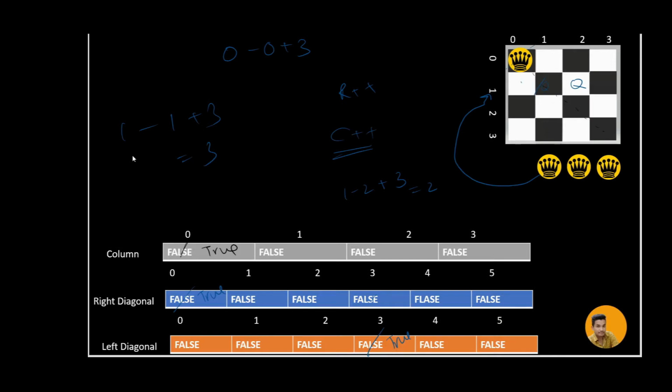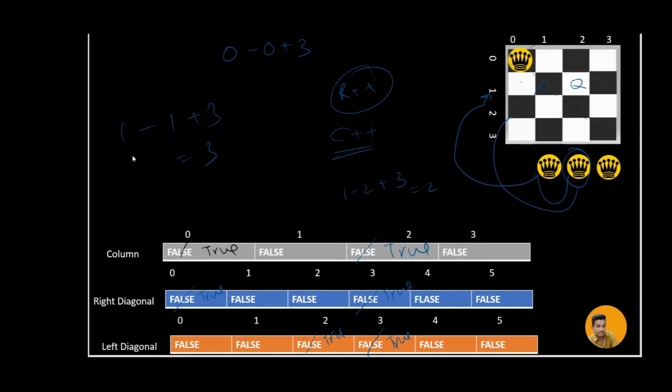So we will make this column true and the left diagonal also true, and the right diagonal was 1 plus 2, 3, so this will be true. Okay, now increase the row, because we have found the solution for this, and we'll pick the next queen.